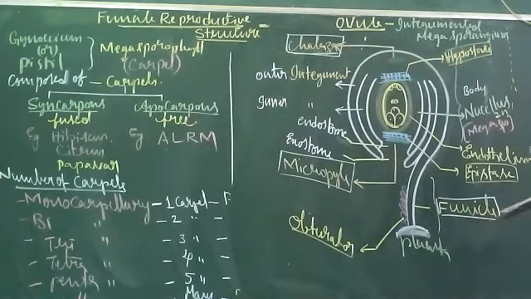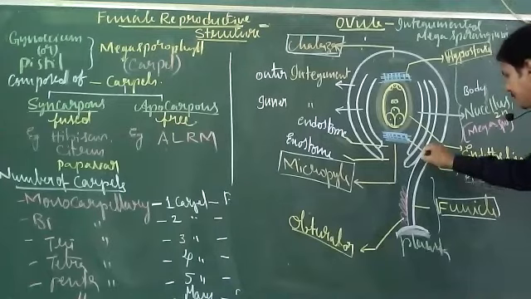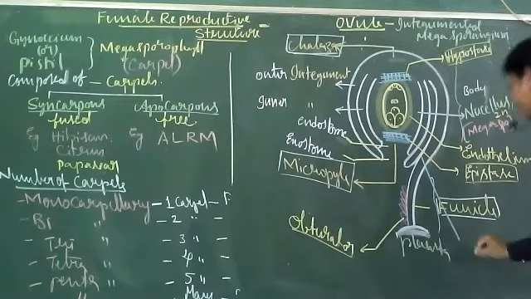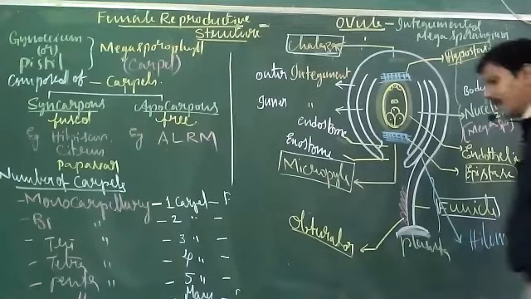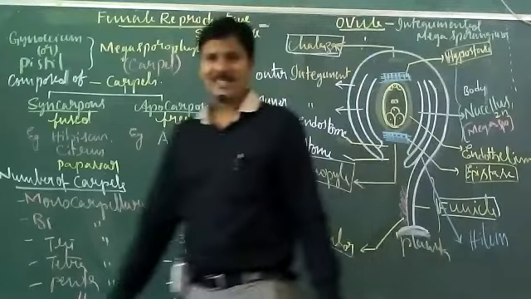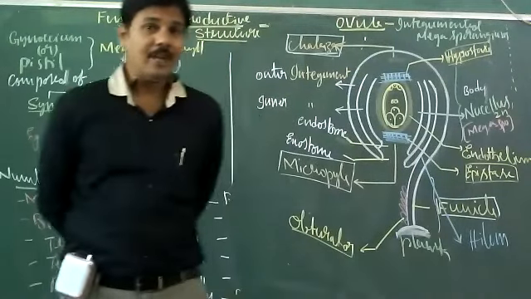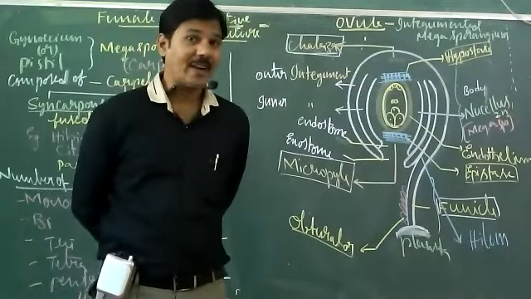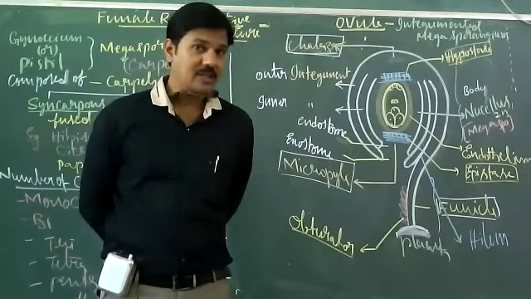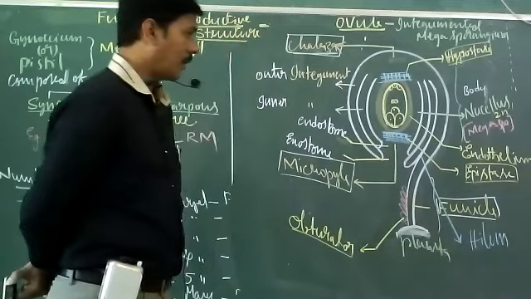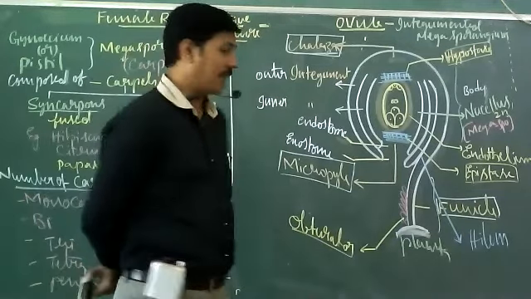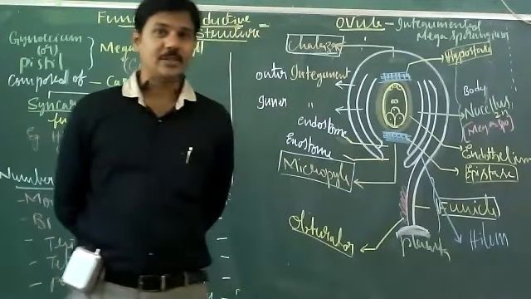I'm using this blue colored one. This is called the hilum. What is the hilum? It is the point of attachment of the body of the ovule to the funiculus.